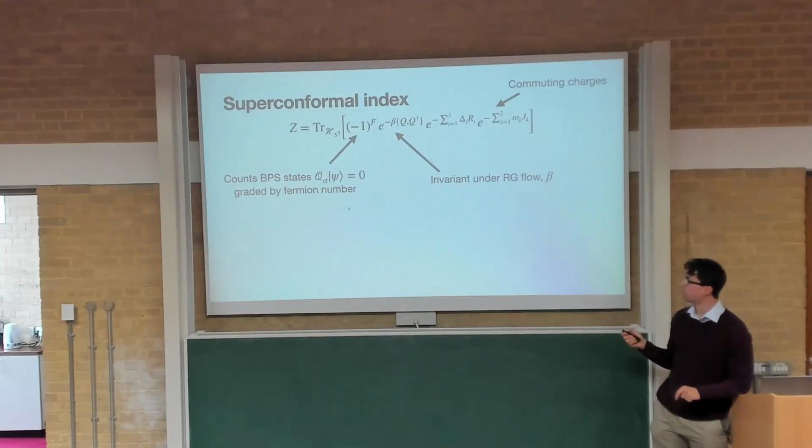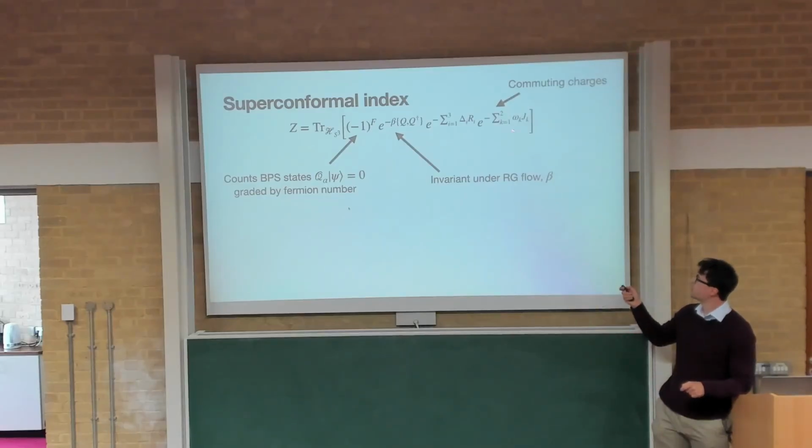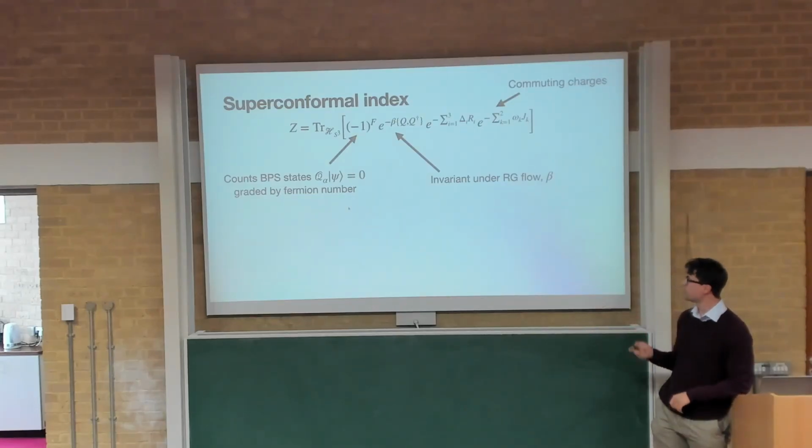So they have corresponding charges. And there's also the angular momentum in both theories, so rotations either in the field theory or in the AdS5. And you can insert these to calculate the index at different values of the chemical potential.